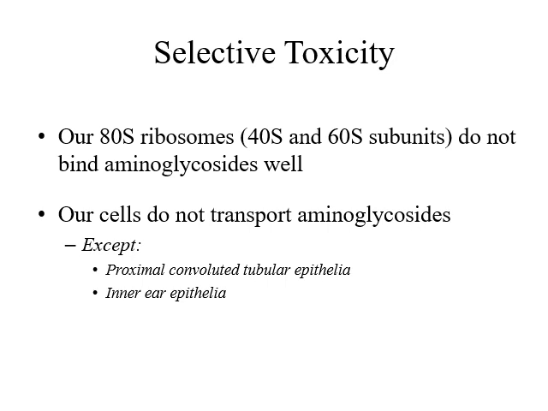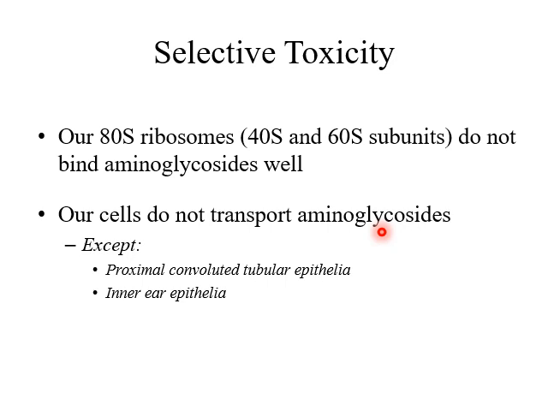Of course, we eukaryotes have ribosomes, however, ours are different from the prokaryotic one. Our 80S ribosomes do not bind aminoglycosides well. Also, our cells do not transport aminoglycosides. I failed to mention that aminoglycosides are polar compounds and hence they need active transport into the cell.